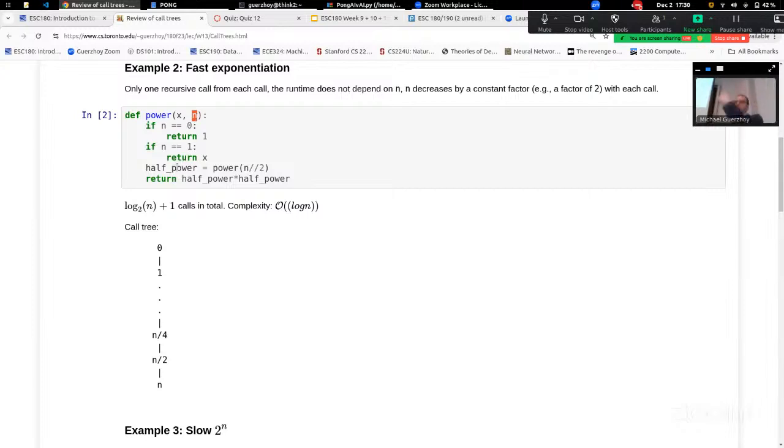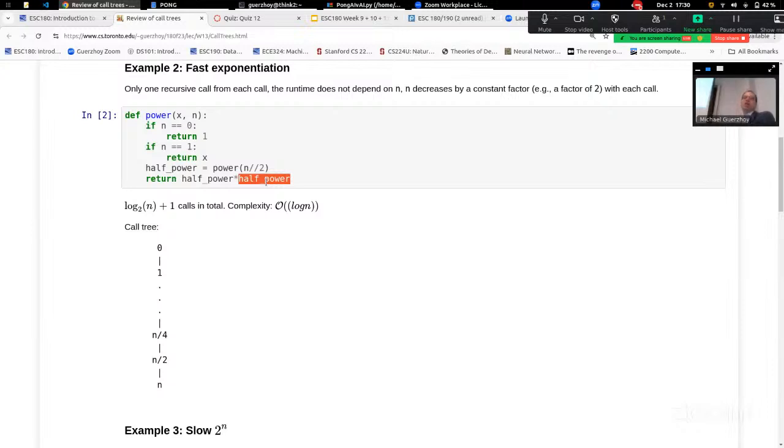This is the simplified version; the good one is from last time. We're saying compute the half power, so basically x to the n over 2, and then return half power times half power. So if n is a power of 2, that's going to work.